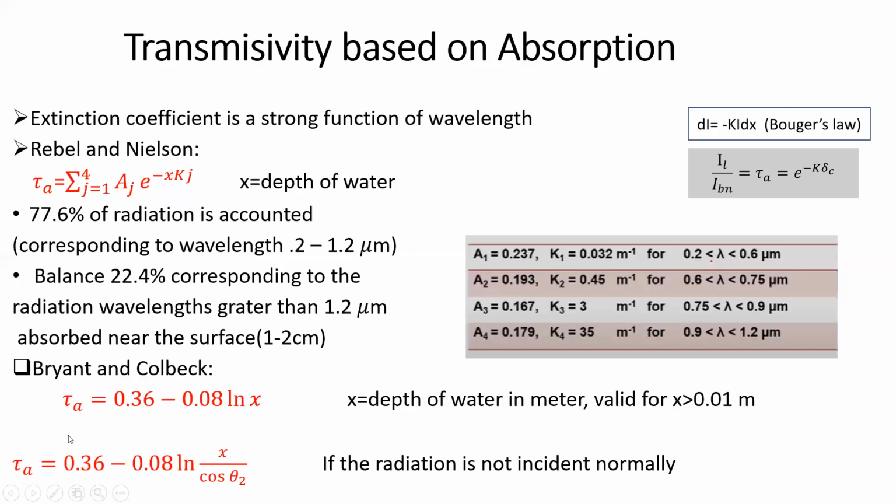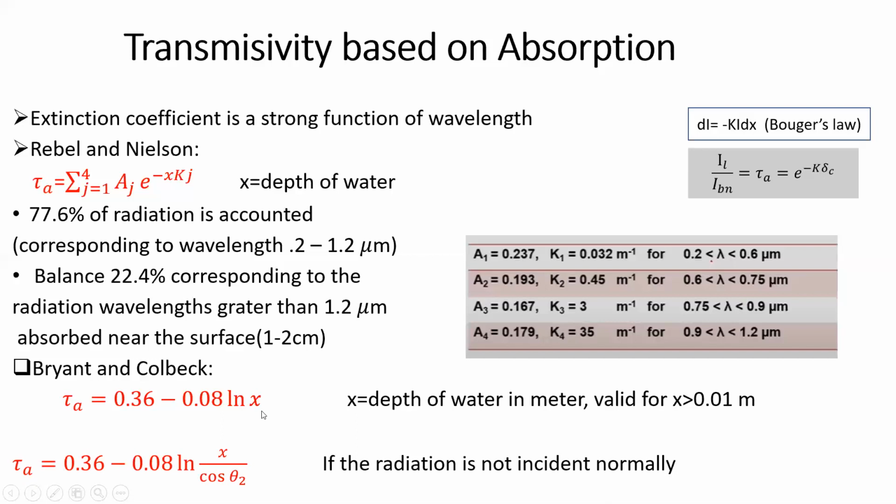We can increase the accuracy of the equation by simply including cos theta 2. Tau A is equal to 0.36 minus 0.08 log x by cos theta 2 if the radiation is not incident normally.